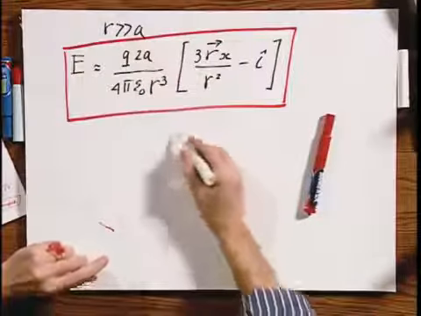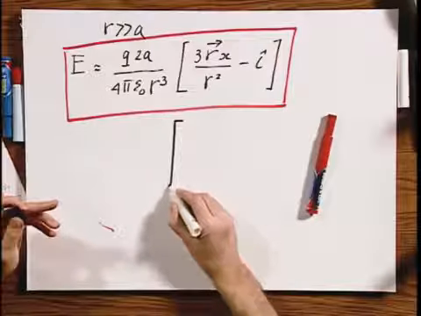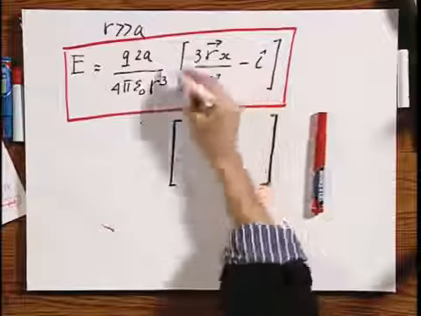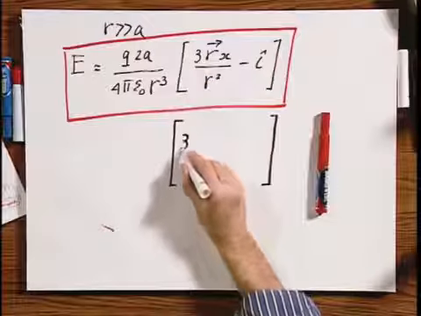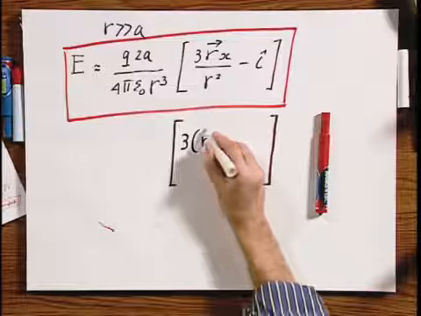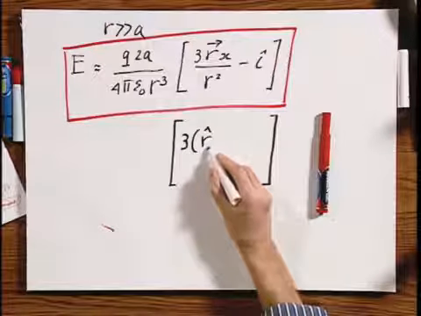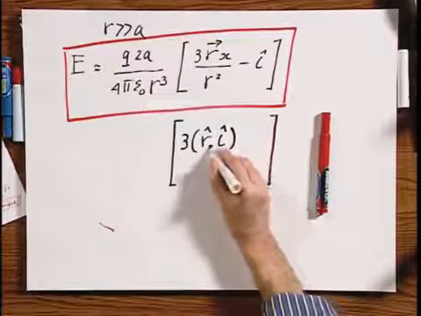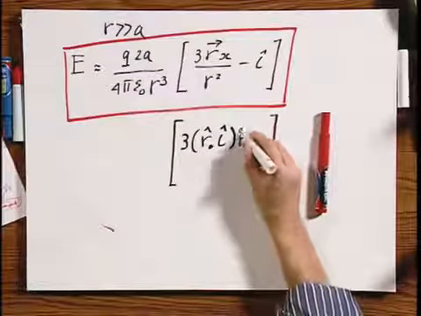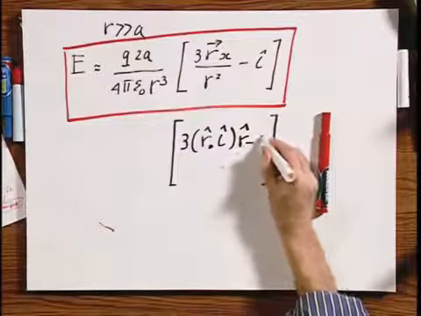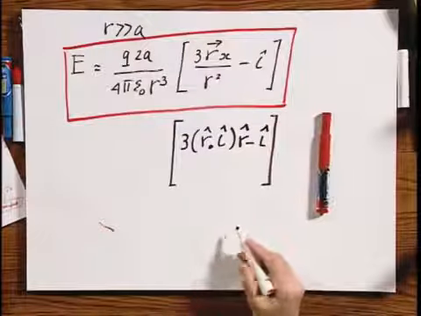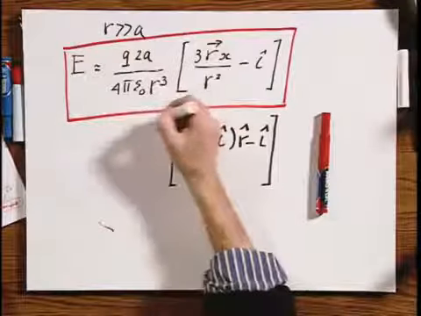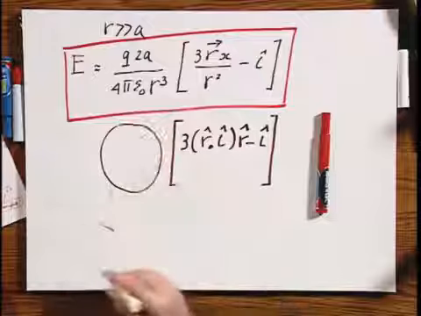If we leave this alone and you are willing to spend the time, you can prove that the term here can also be written as 3 times r roof, that means the unit vector in the r direction, dotted with the unit vector in the x direction, this is a dot product, times the unit vector in the r direction minus i. It took me a few minutes to convince myself that this and this are the same. And this whole term then, of course, appears here.